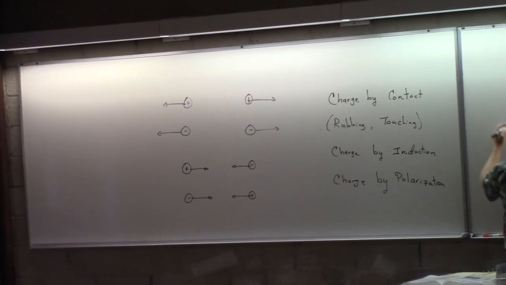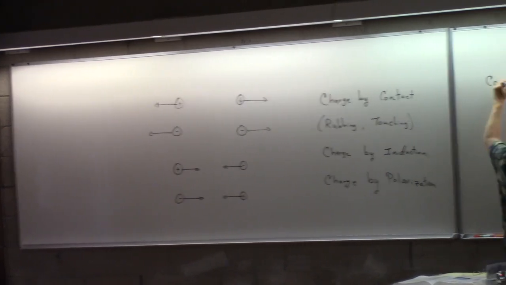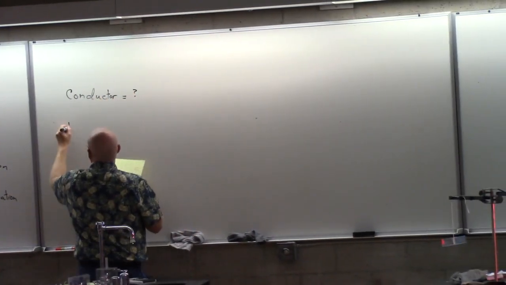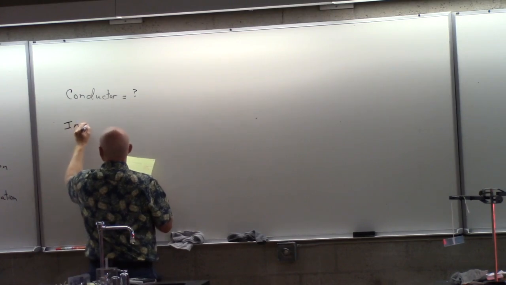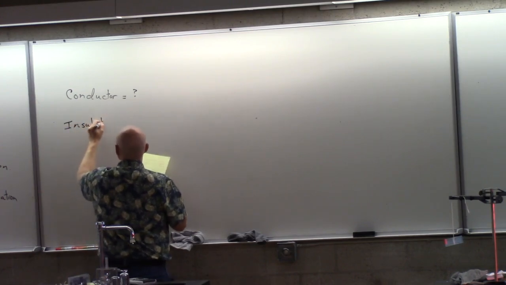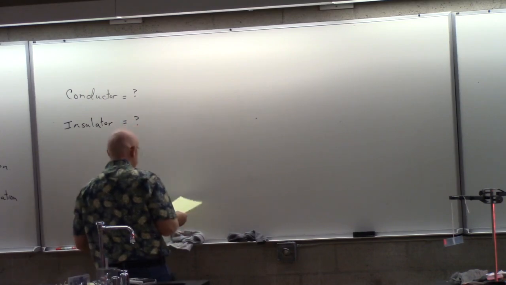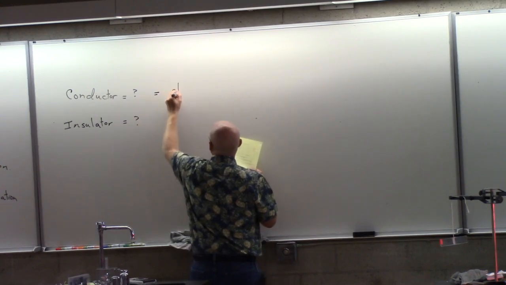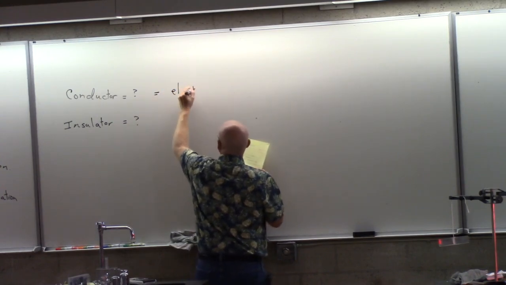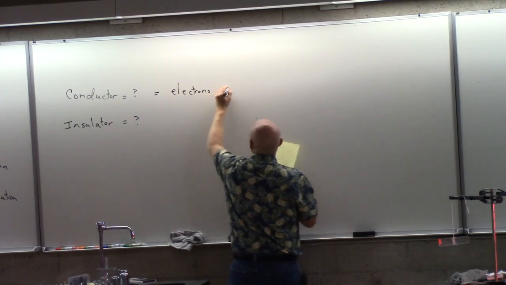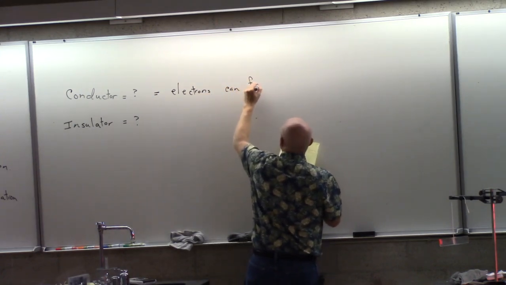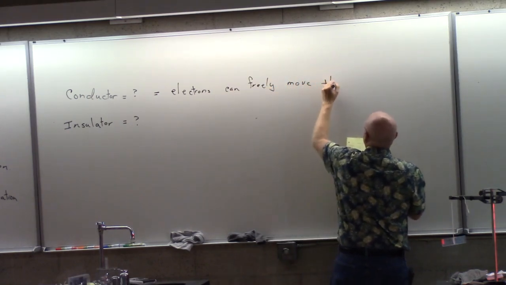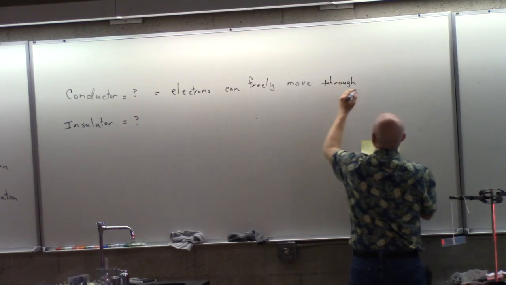And so let me just put these words up here. What is a conductor? What is an insulator? And I'm going to put it this way. A conductor means that the electrons can freely move through the material.